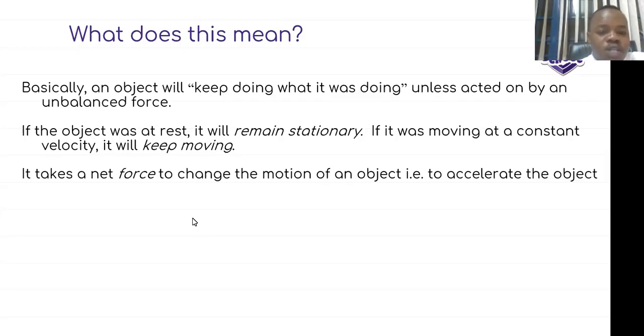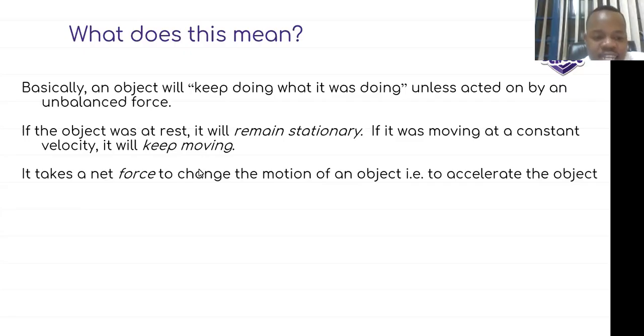So if the object was at rest, it will remain at rest. In other words, it will remain stationary. If it was moving at a constant velocity, it will keep moving at a constant velocity.